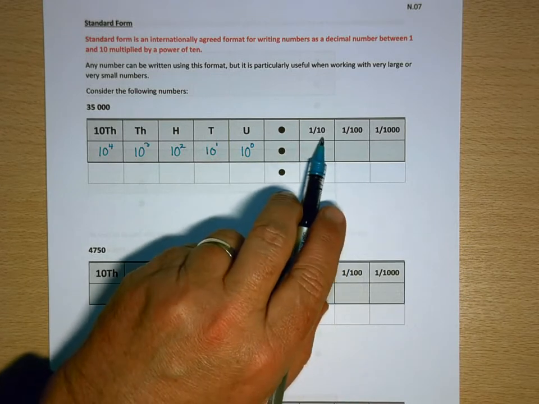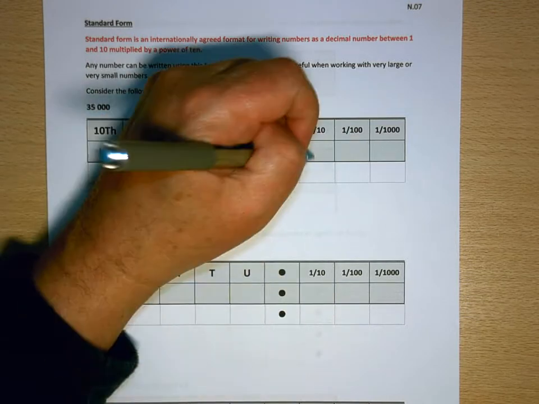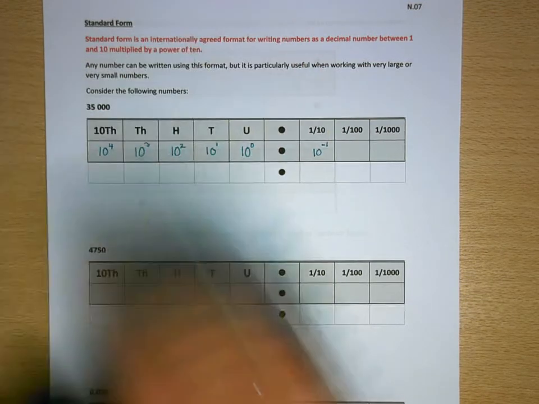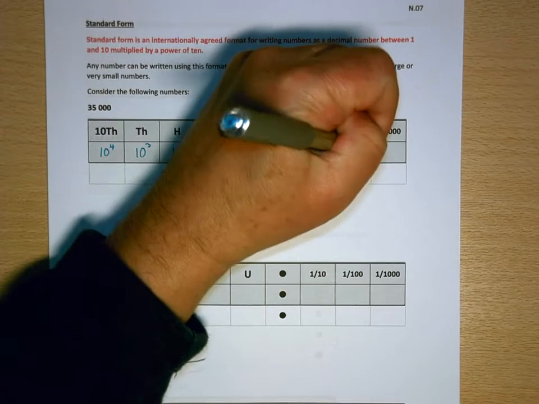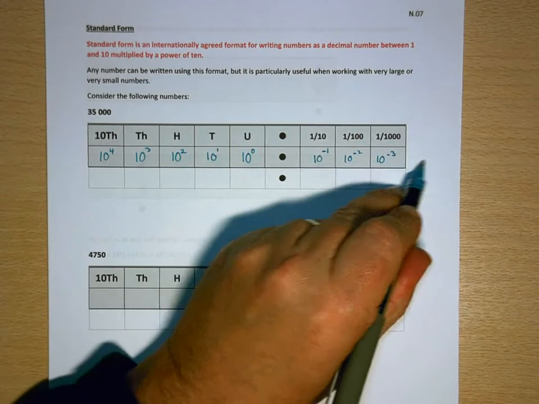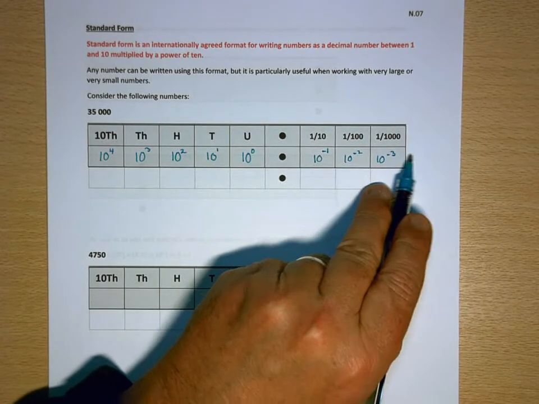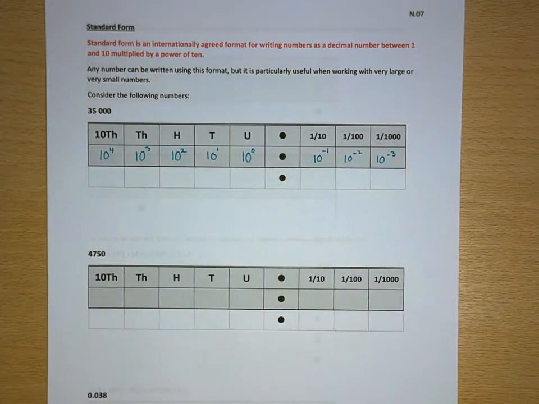The reciprocal you'd write to the negative power. So 1 over 10 is 10 to the negative 1. 1 over 100 would be 10 to the negative 2. 1 over 1,000, 10 to the negative 3. And the same increasing negative powers going forever onwards in that direction.